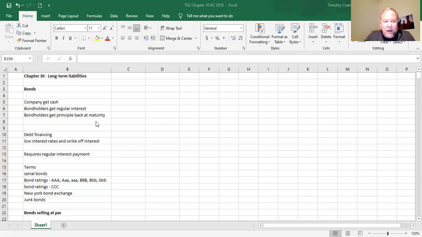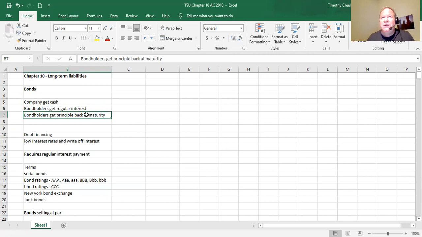When it comes to bonds, the company gets cash and the bondholders, which is the name of those who buy the bonds, get regular interest payments, typically either once or twice a year. Most bonds are twice a year, semi-annual. And then the bondholders get the principal or the face value of the bonds back at maturity.